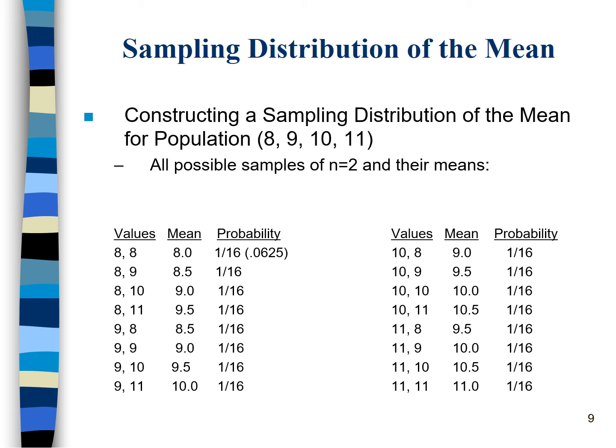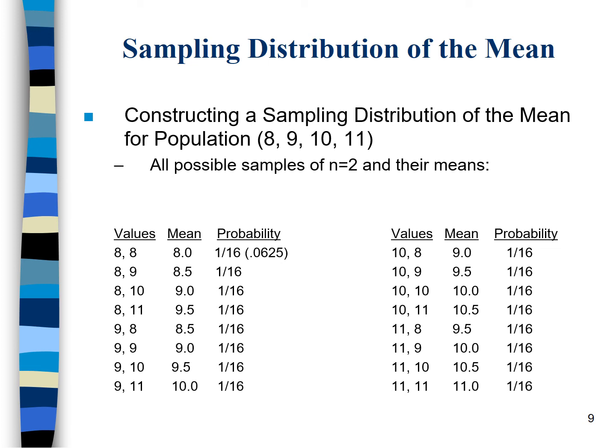Okay, sidebar over. Let's bring it back to these 16 possible samples of size 2. So we have all of them listed. So 8, 8, 8, 9, 8, 10, 8, 11, 9, 8, 9, 9, 9, 10, etc. And there are the 2 major columns there.